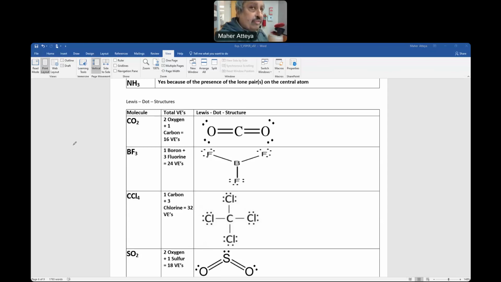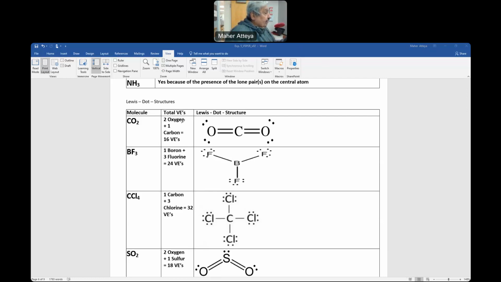Second, electronegativity is very important. We keep the least electronegative atom at the heart of a molecule. We might not have covered electronegativity yet in the lecture, but you will learn that electronegativity is the ability of an atom to pull valence electrons within a chemical compound.